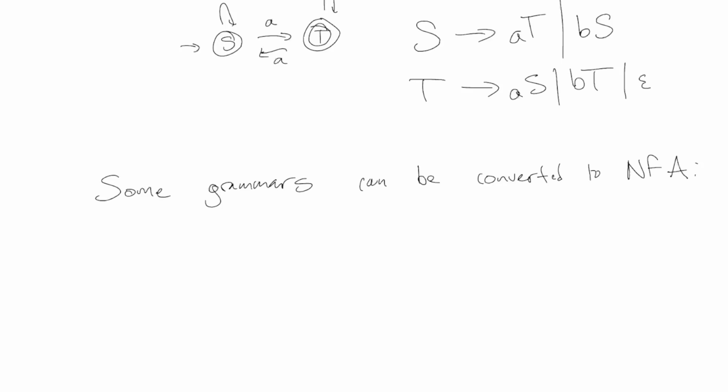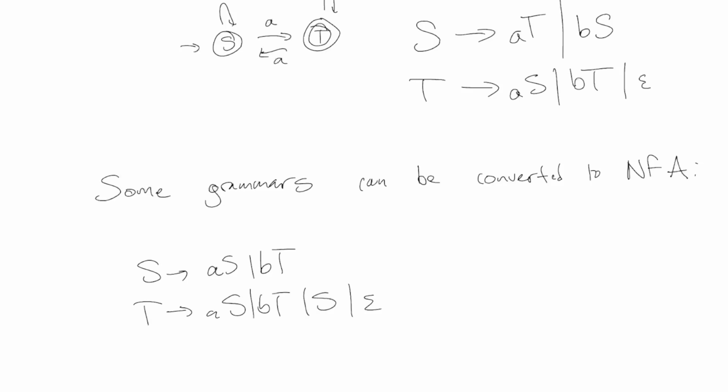I'm talking specifically about when your grammar happens to look like this one here. The important property of this grammar is that every production has a little letter to the left of a big letter, and there's no other stuff around it. Then you can always convert that back into an NFA. For example, what if I have this grammar? S goes to AS or BT, T goes to AS or BT or S or epsilon.